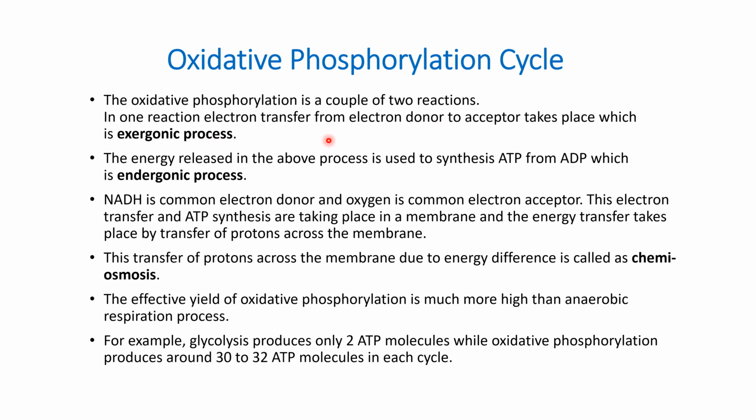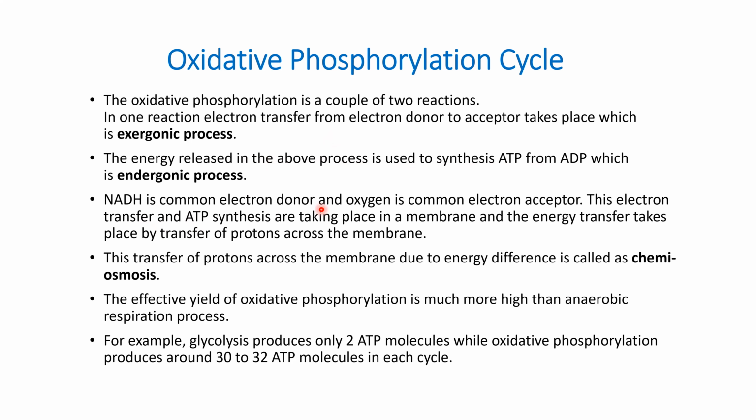If there's an electron which is accepted by the acceptor, there is a certain amount of electron energy required to eliminate that electron from that species and move it towards the acceptor side. The energy released in the above process is used to synthesize ATP from ADP, which is the endergonic process.